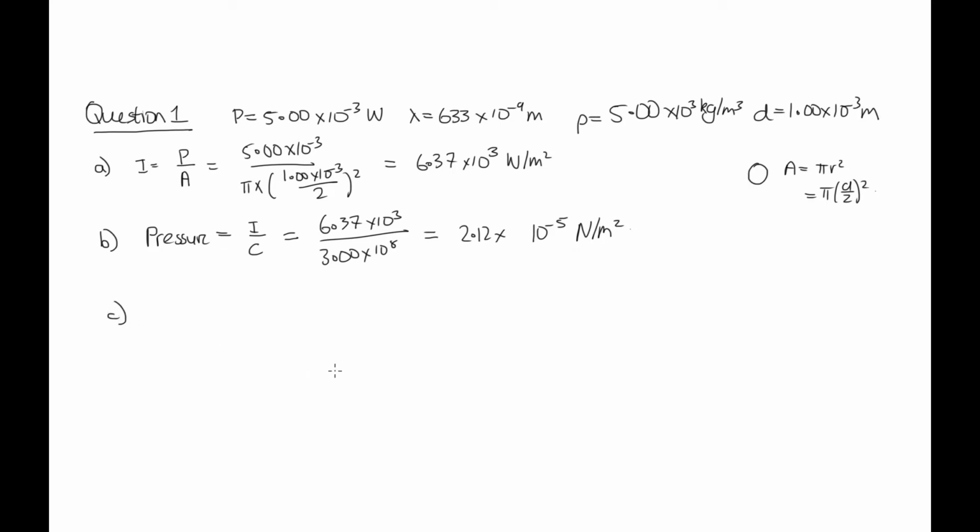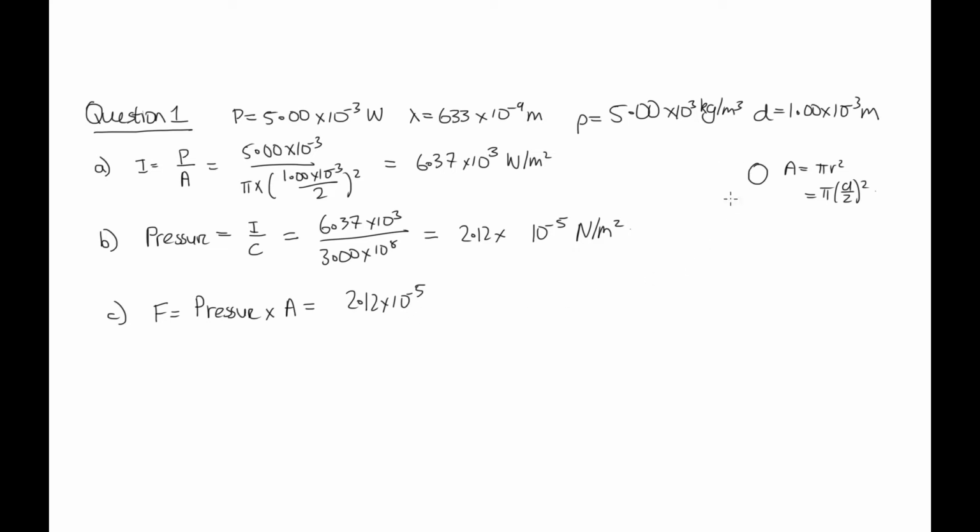And then part C asks us for the magnitude of the corresponding force. So pressure and force are related through pressure is equal to force over area. So the force is equal to the pressure times the area. And we've just calculated the pressure here, 2.12 times 10 to the minus 5.